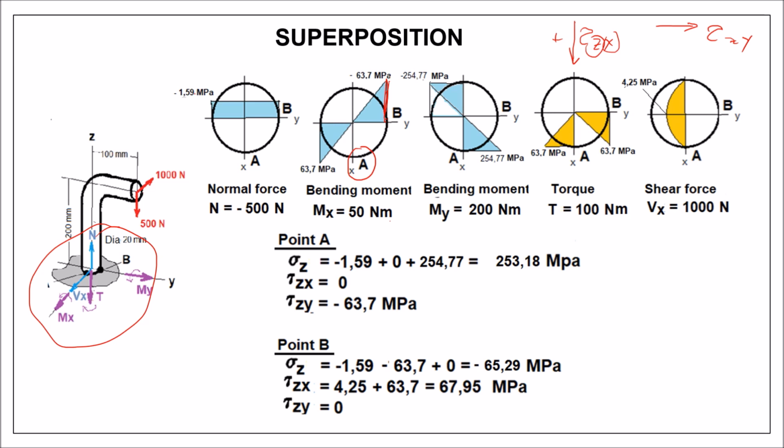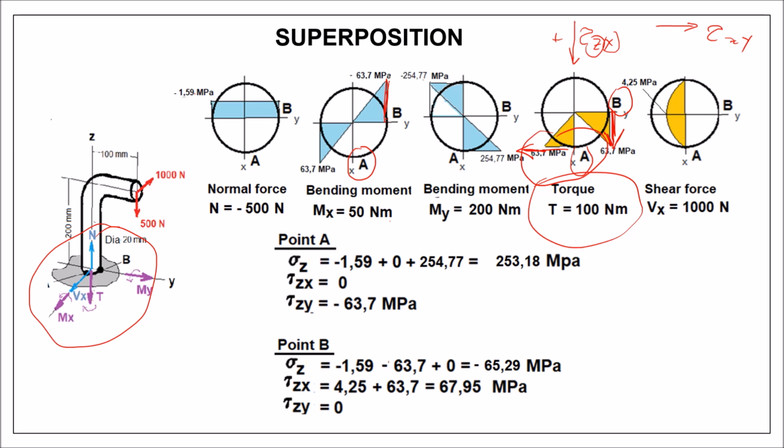So let's take the torque. We know that a torque causes maximum shear stresses all over on the surface. So what does it mean? It means that since A and B are both on the surface, they will have the same value, but here, this is positive, this one is negative. So for A, what do I have?